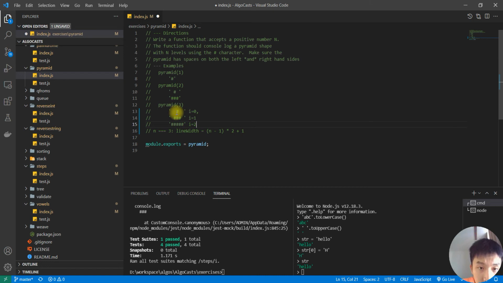As you can see, the hash is always in the middle. And how about finding the middle index?